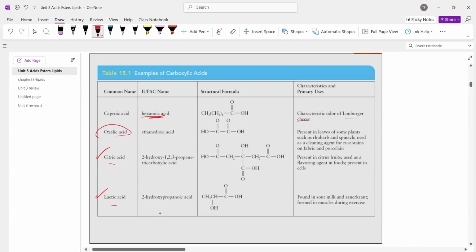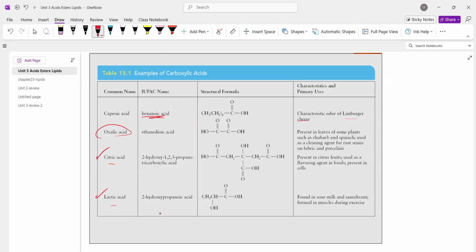Oxalic acid: if you're out camping, oxtail usually grows wild up in the mountains, and if you've ever messed with it, it's very coarse. It's almost gritty, and that's the oxalic acid that makes it that way.